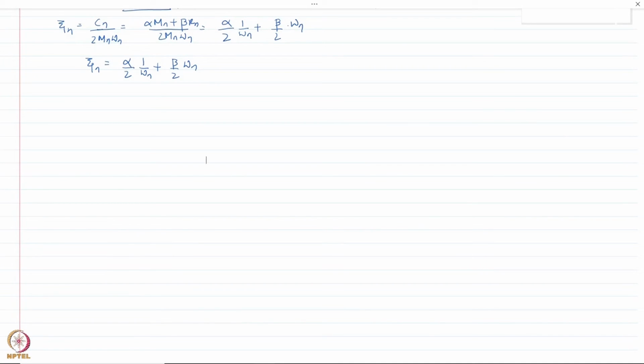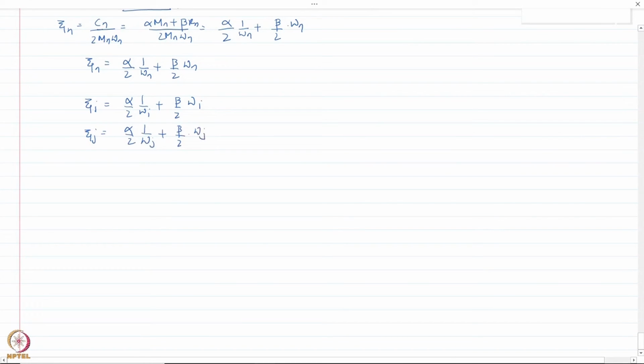So what we are going to do is specify damping in two modes. Let us say those are the ith and jth modes, so that my zeta i becomes alpha by 2 times 1 by omega i plus beta by 2 times omega i. Similarly, the jth mode becomes alpha by 2 omega j plus beta omega j by 2.